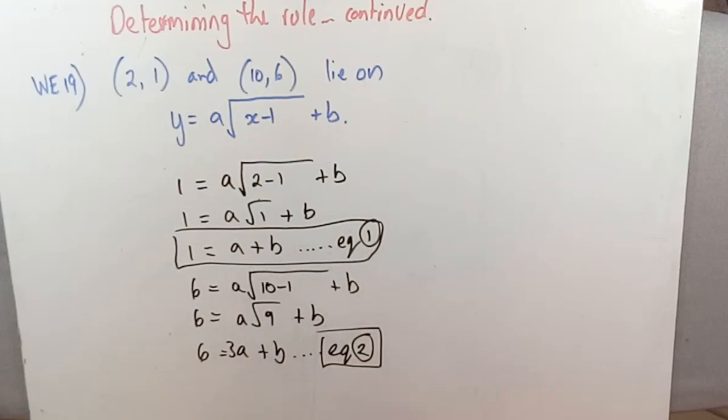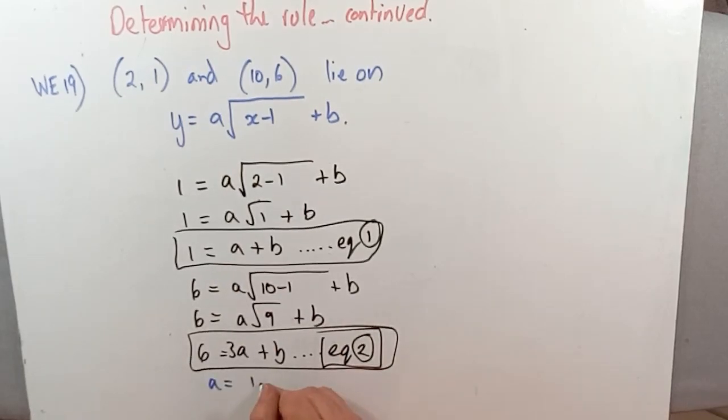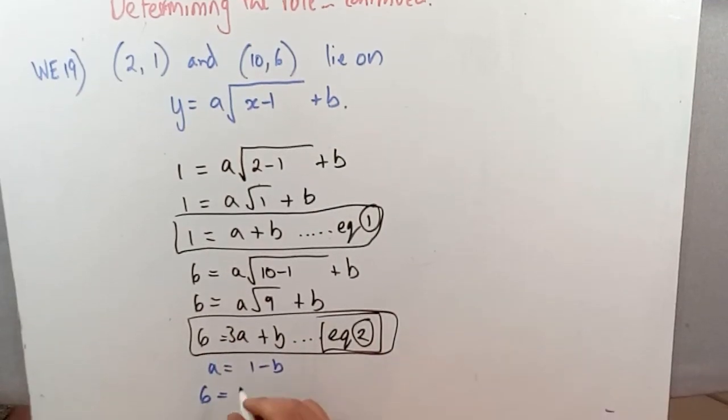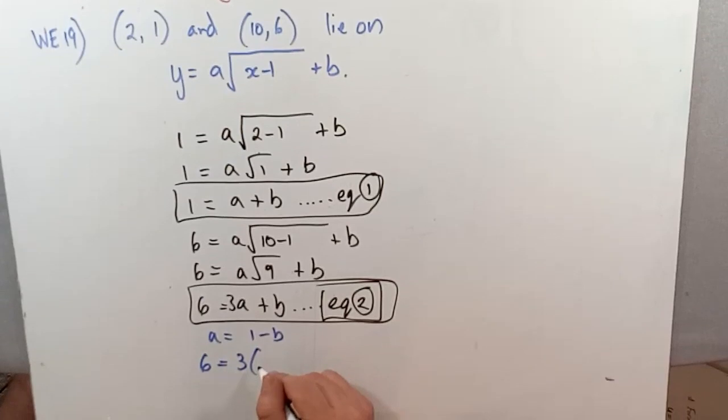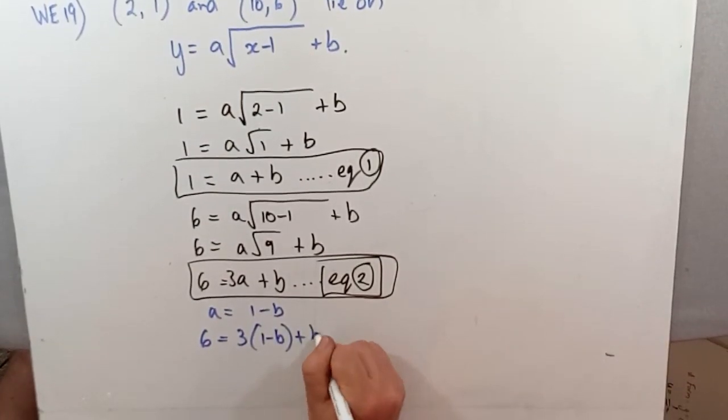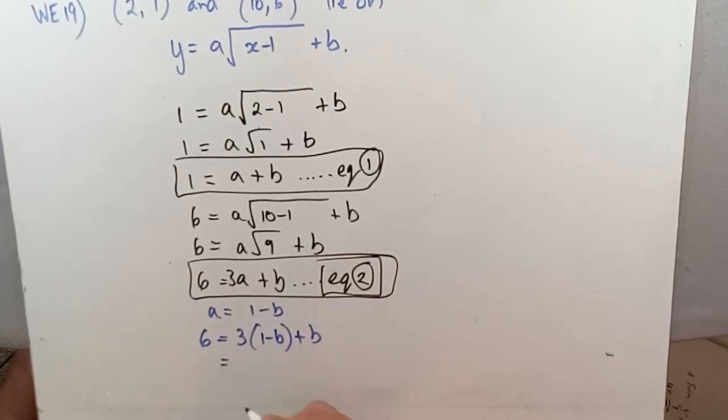Okay, so now I want to solve these equations. We can do that by letting a equal 1 minus b from equation 1, and then substituting it into this one. So we get 6 is equal to 3a, which is 3 times (1 minus b), plus b. Expand it out, I get 3 minus 3b plus b.